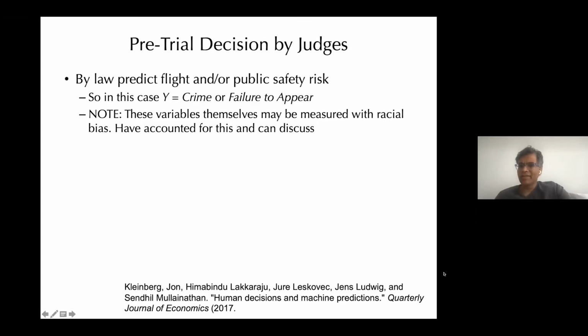One of the things that we have to flag here, that I think Dania mentioned, hopefully I pronounced your name right, is that these variables themselves, crime or failure to appear, may be measured with some racial bias. In what I show you, we've accounted for that. We can discuss it, but that's a very important caveat here. Taking these as ground truth can prove problematic.